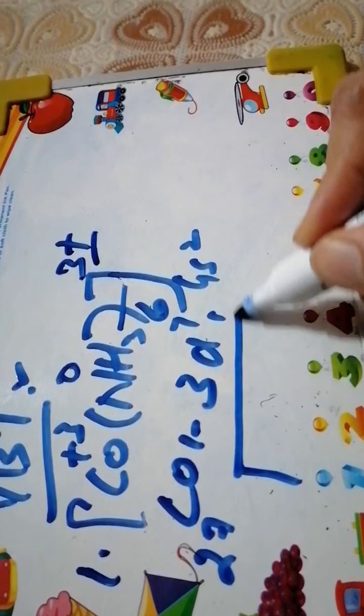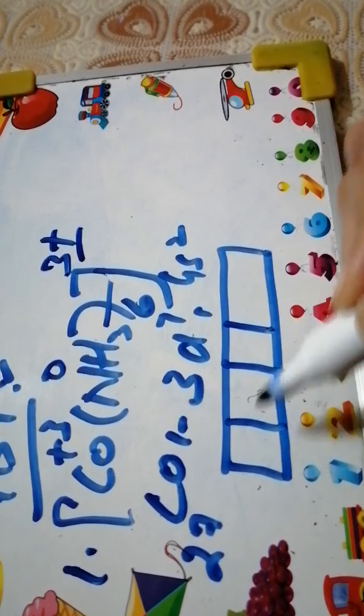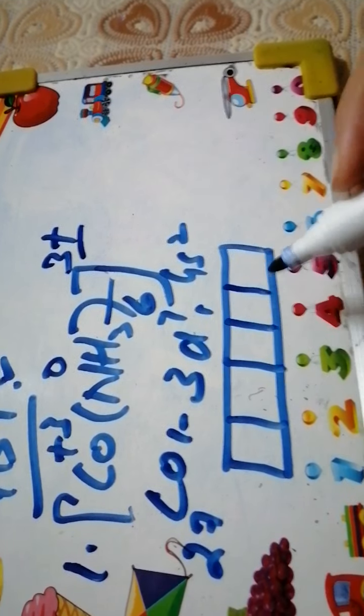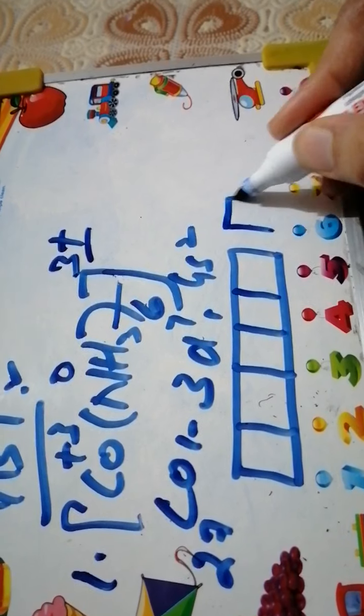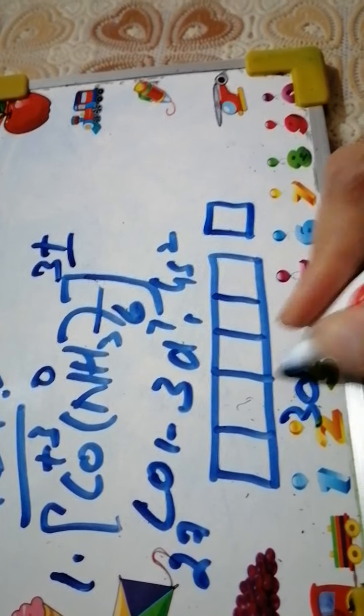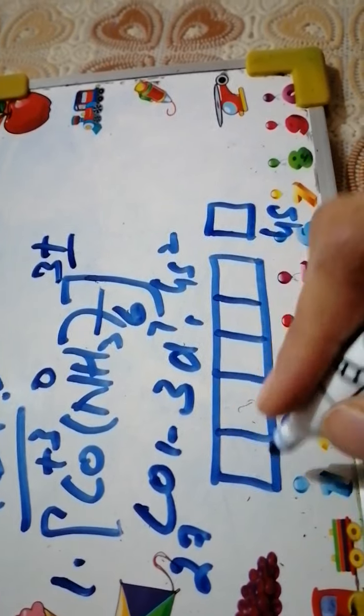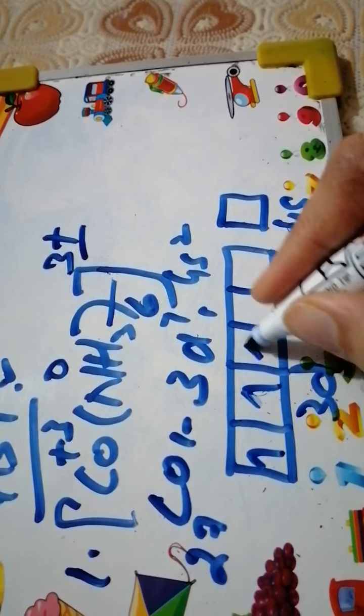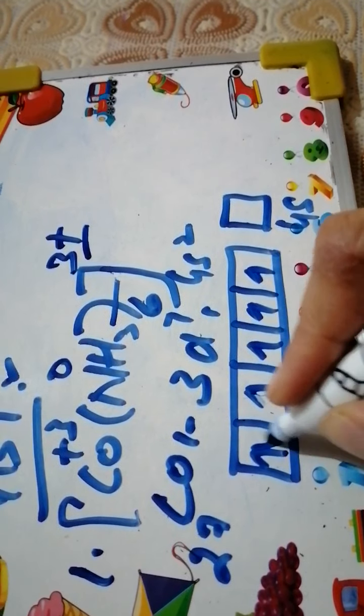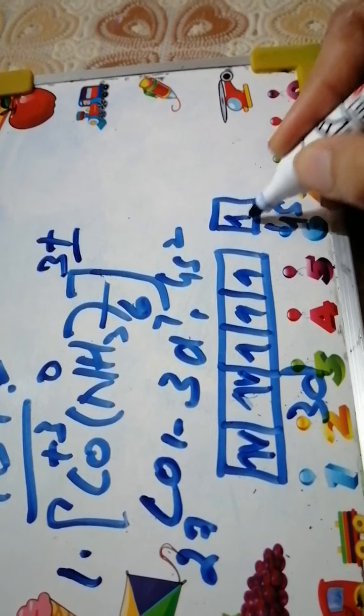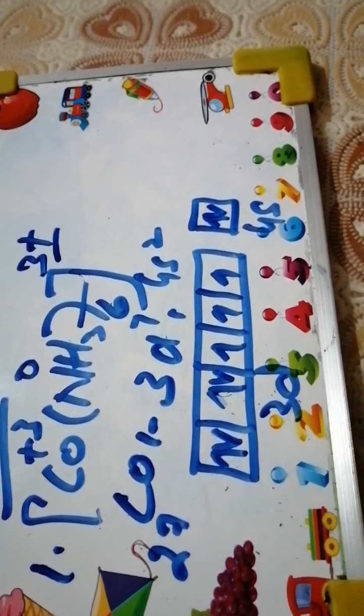What you need to do, because in a d orbital we have 5 suborbitals, 1 2 3 4 5, right? And then 4s, you need to label it. It's 3d and here we have 4s, right? How many electrons in 3d? 1 2 3 4 5 6 and 7, and then we have 2 electrons in 4s.